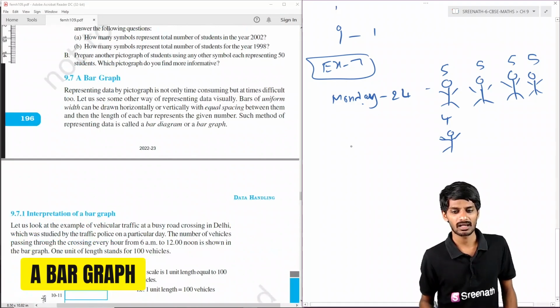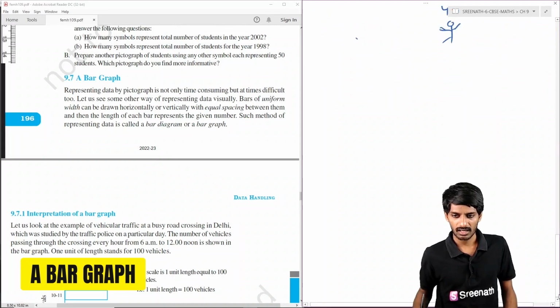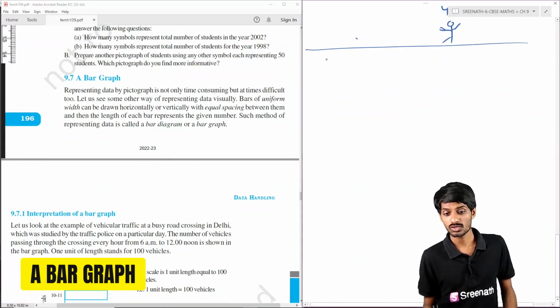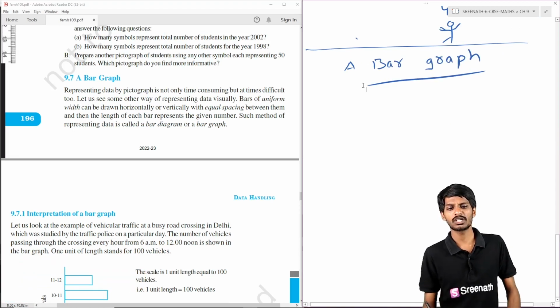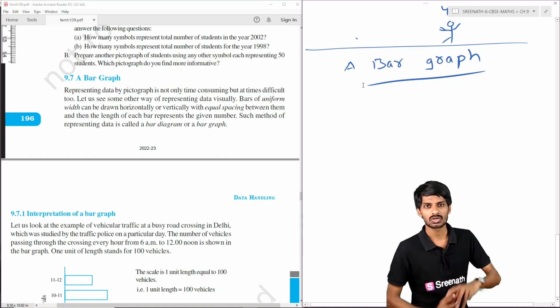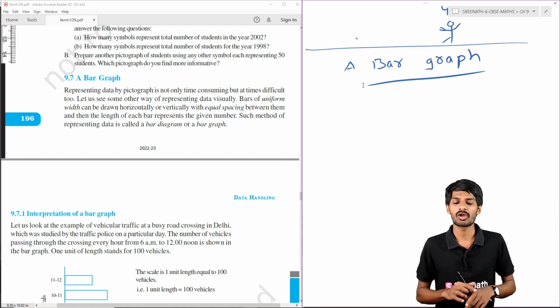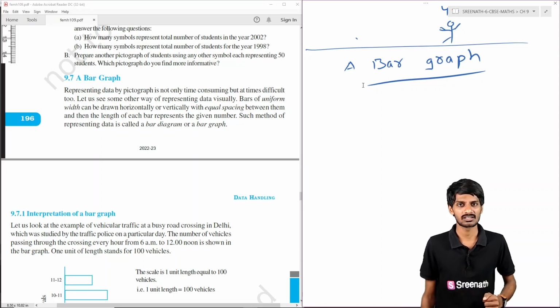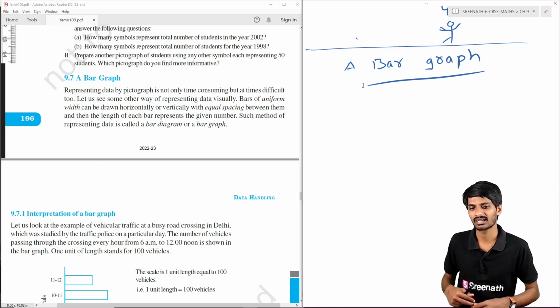Next thing is bar graph. Why do we need a bar graph and what is meant by a bar graph? These are the questions answered in this session. A bar graph. Pictograph is interesting, but it takes some time to draw the diagrams, and every time you have to assign some values to the pictures. That is also a difficult task, friends.